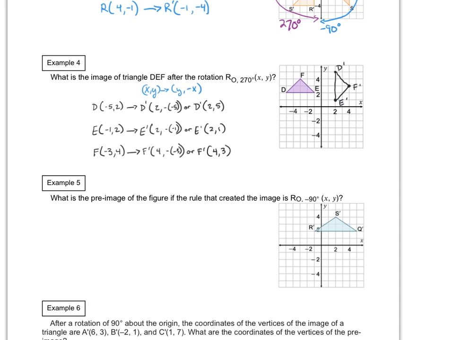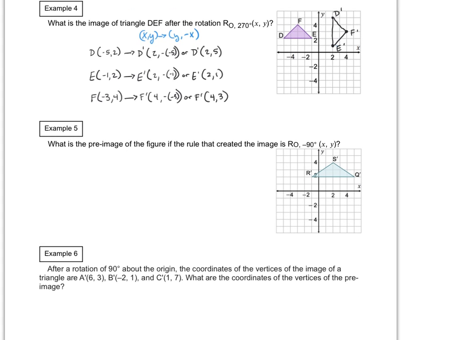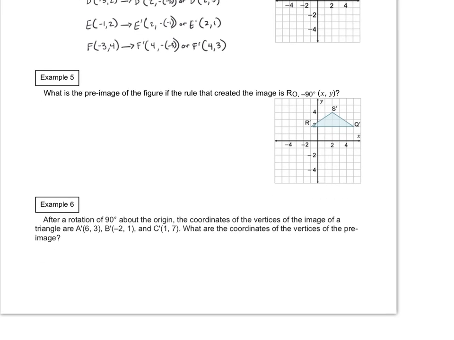So there's my pre-image and my image after a 270 degree rotation. Let's see here, negative 90. Goodness, that's going to be 270 degrees. Negative 90 and a positive 270 are the same. So again, (x, y) maps to (y, -x).